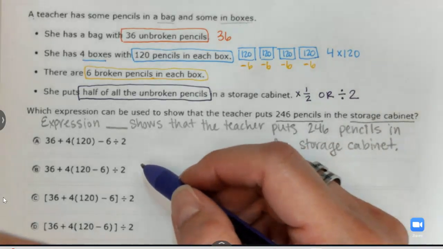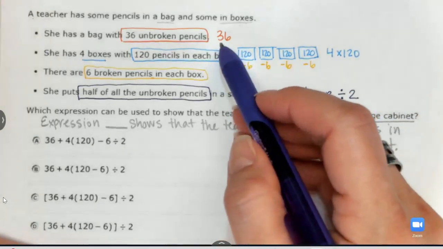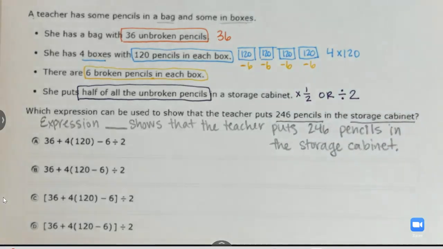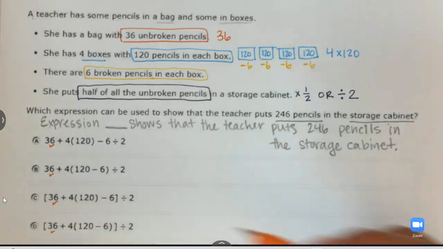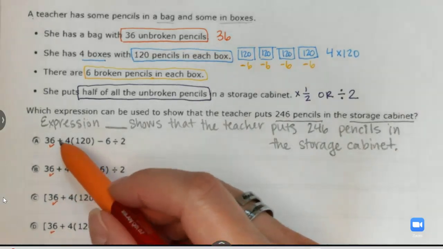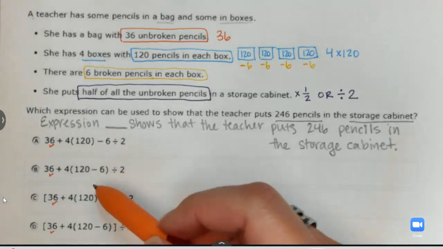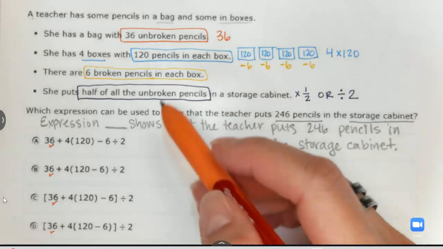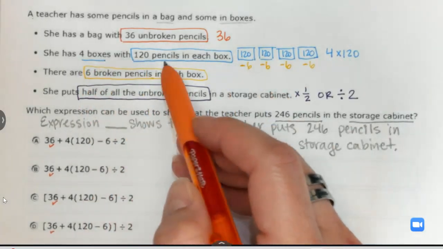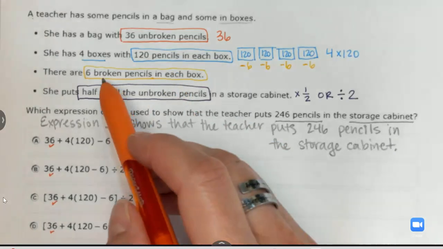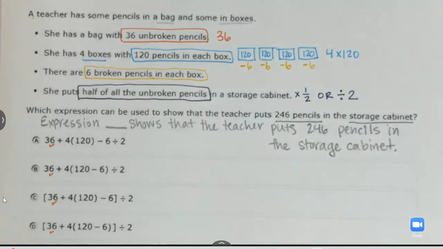So let's look at our expressions. We know that she has 36 unbroken pencils. Okay, we have 36 at the beginning of each one of our expressions, but we notice that we're adding each time, but some of them is in brackets and some of them is not. So let's go to our next step. We had 4 boxes with 120 pencils in each box, but we know that for each of those boxes, 6 of them are broken.